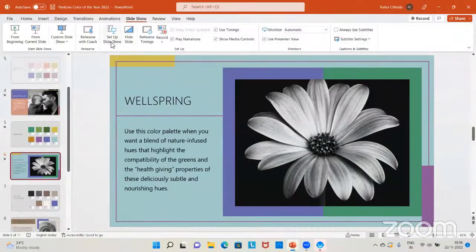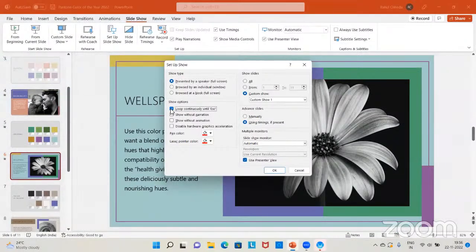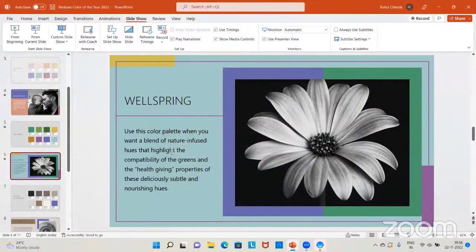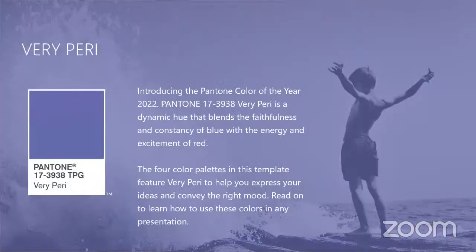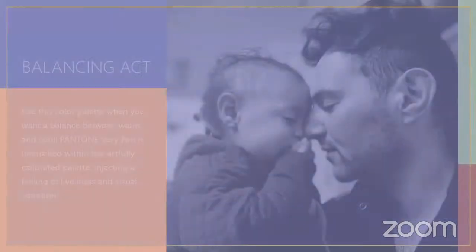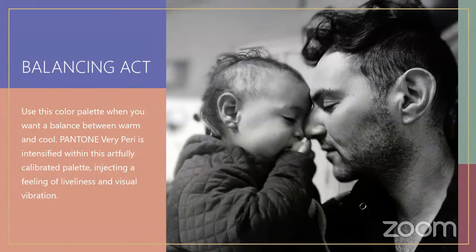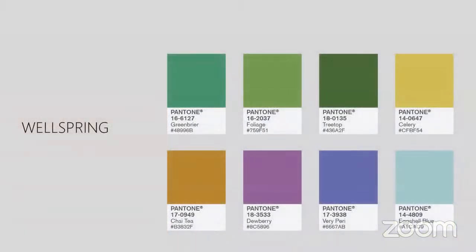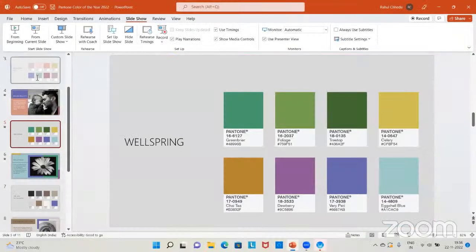I need to first stop this loop, because when I present, that would come again and again. So when I do my presentation, it will skip that slide and come to this slide directly. That slide 3 of colors will be hidden.